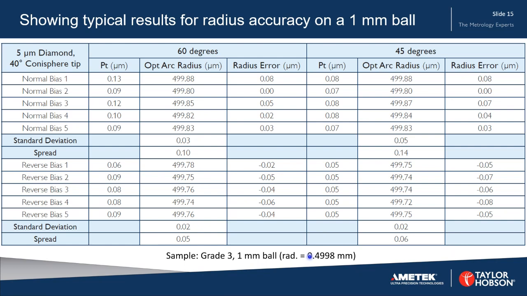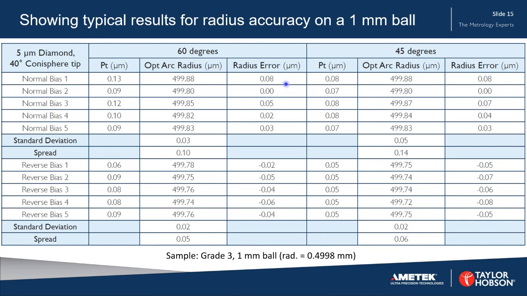And also we've repeated the whole exercise with a different stylus. This is a 45-degree included angle stylus. What I've mentioned to start with is a 60-degree included angle stylus. And finally, what we can see is that the standard deviation of the results is 20 nanometers in both cases for both styli, and the spread of results is 50 nanometers for the 60-degree stylus and 60 nanometers for the 45-degree stylus.